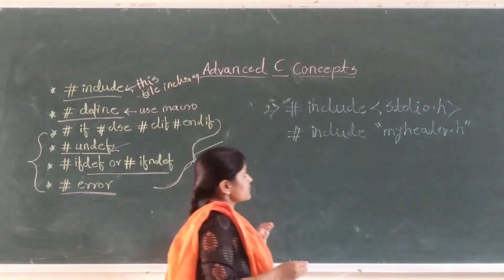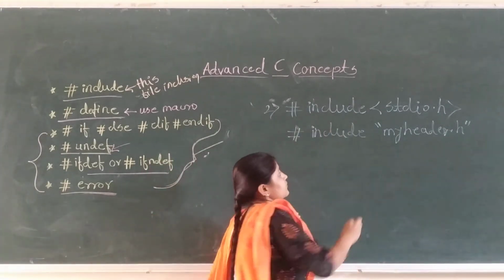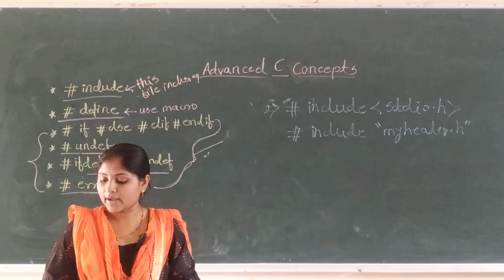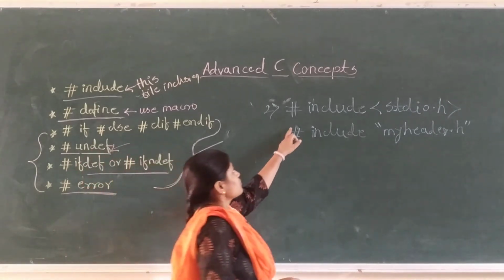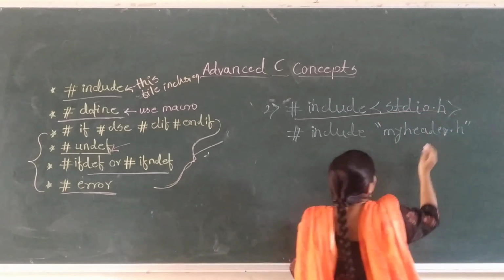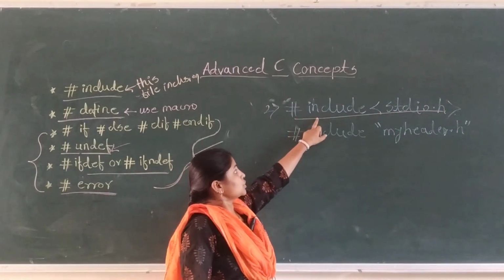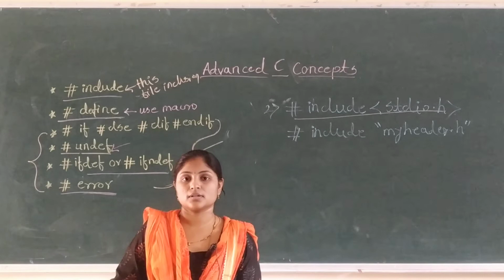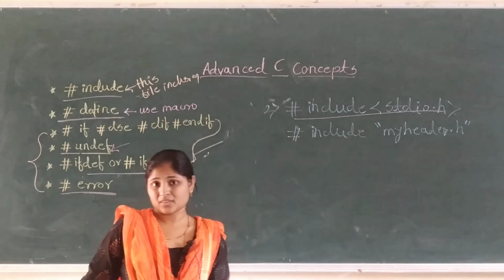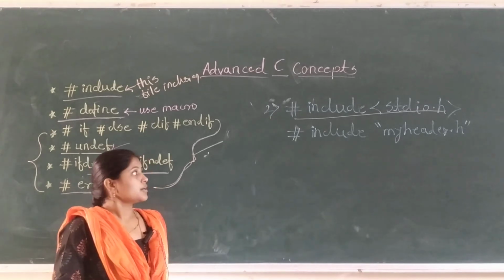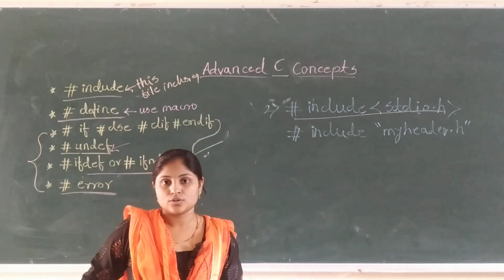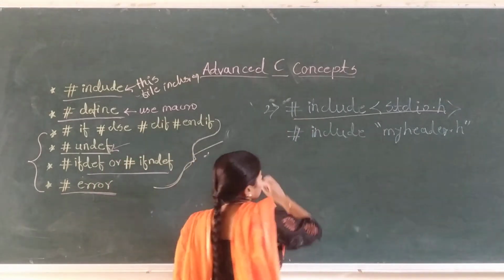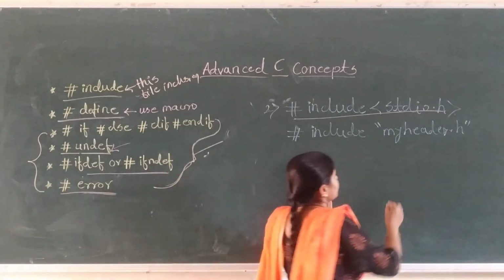Suppose our file is in the same location, the program containing the file in the same location, that time we will use this type of directive, hash include stdio.h. Suppose we use in our C basic programming, for input output purpose, conio.h. This is one system header file.